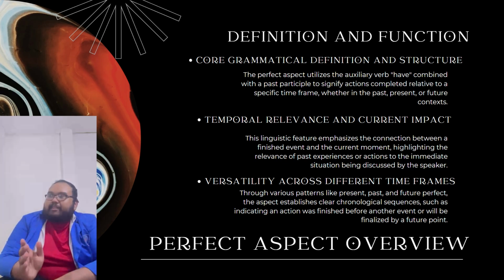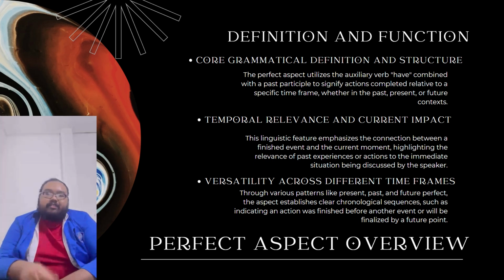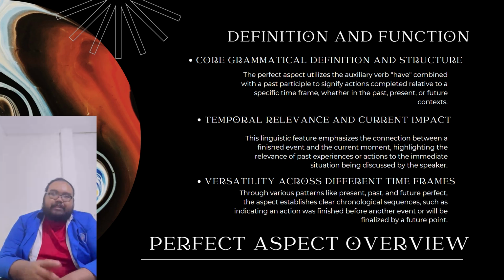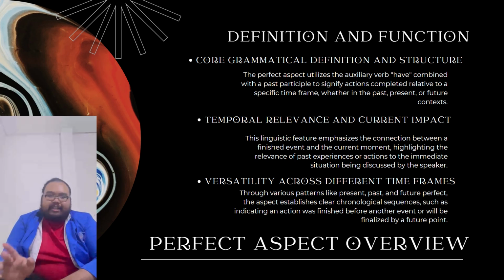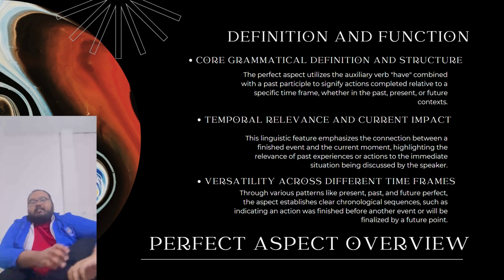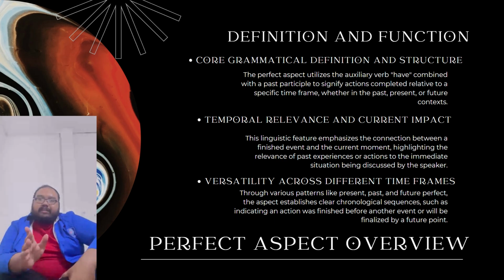The perfect aspect utilizes the auxiliary verb have combined with the past participle to indicate actions complete relative to a specific time frame, whether in the past, present, or future context.